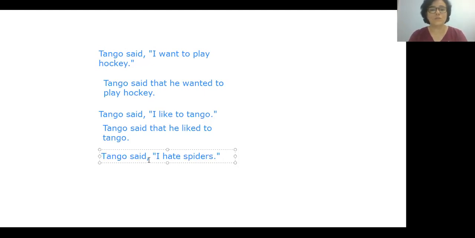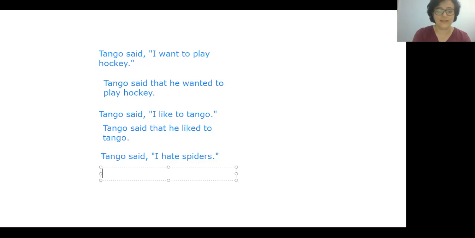Again, notice the comma and speech marks. Why? Because they are the exact words spoken by Tango. This is direct speech. Now I'm going to change this to indirect speech. I'm sure by now you know very well how to do this. So let's start. Tango said, no comma, no speech marks. "I" changes. "I" changes to what? "He". But before that, we need to put a word there.